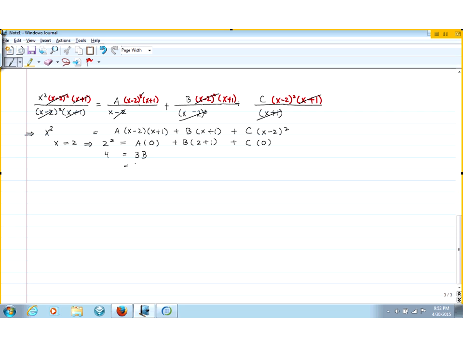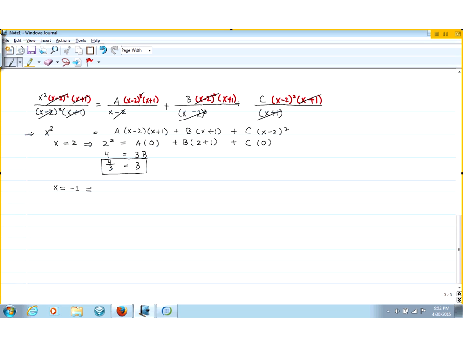So 2 squared, that is 4, is equal to 3B. Divide both sides by 3, B is 4 over 3. Is it okay to get a fraction? Yes, it is perfectly fine to have a fraction.